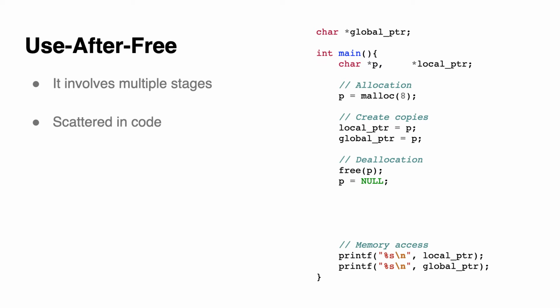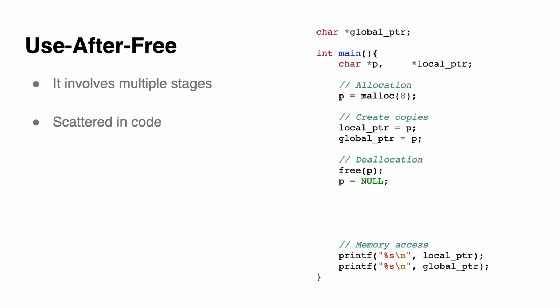One reason is that use after free involves multiple stages. First, a program allocates a memory, and then it creates copies of the pointer. And after the dynamic memory is deallocated, the copy pointers become dangling.